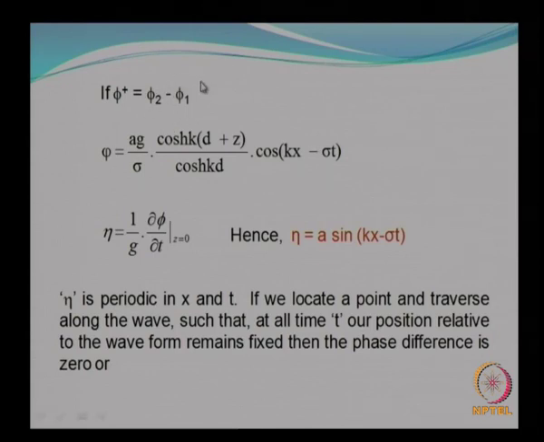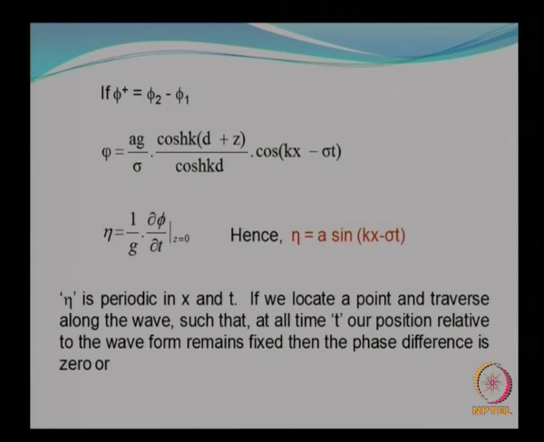In this case I take these two, which can easily be reduced as shown here. This is simple trigonometry, so you can easily sit and derive this. So this is one form of the total velocity potential, positive.